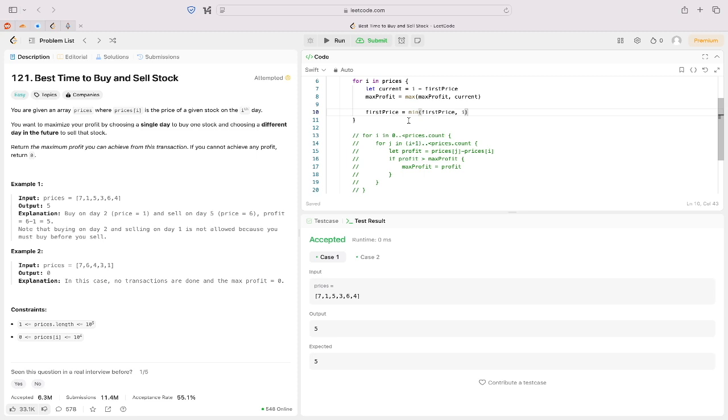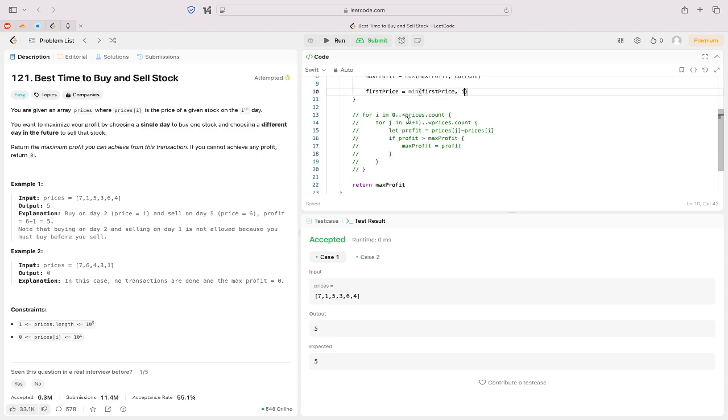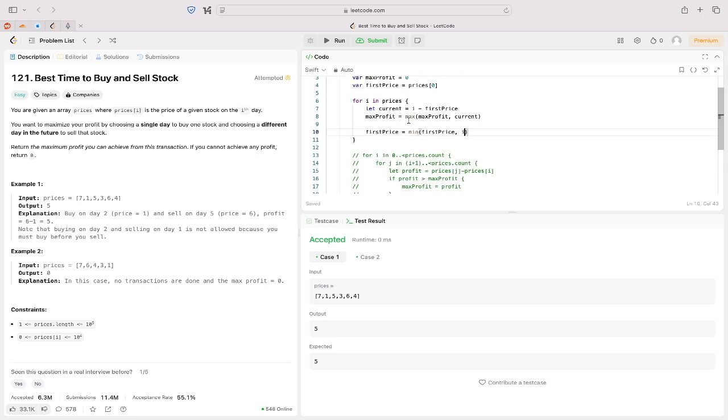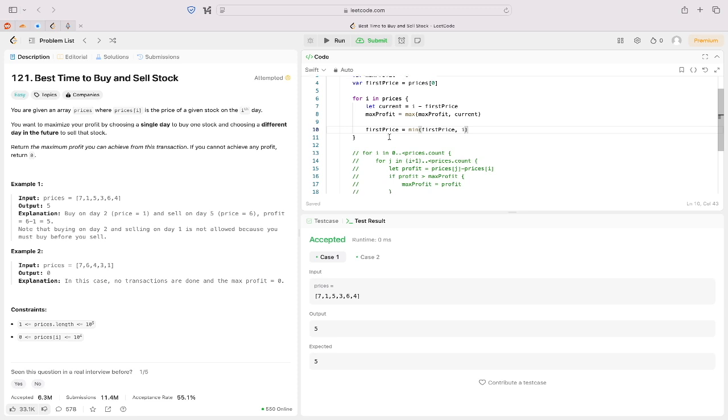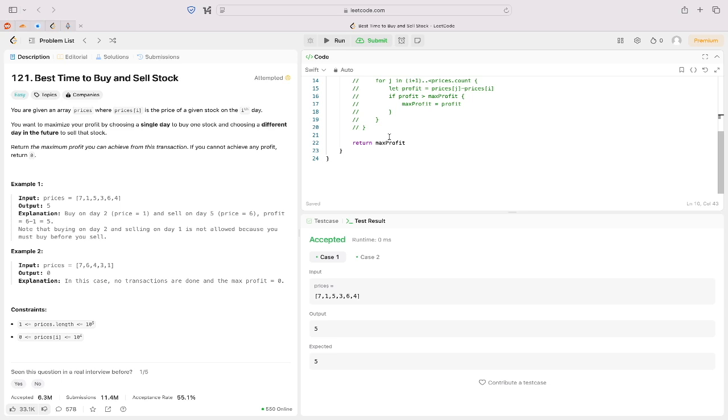And then our max profit would be updated if we've seen any bigger profit. Then we check if our current price is lower than our first price, that's our new lowest price, and then we just return the max profit.